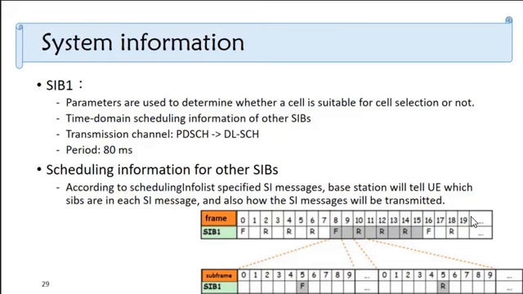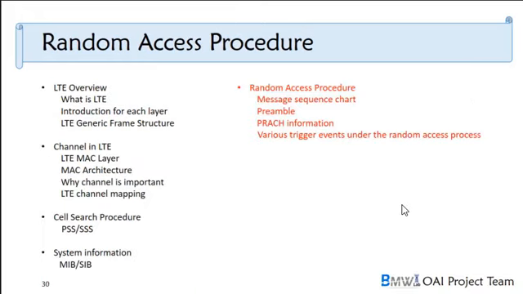F is first transmit and R is repeat. Okay, I will check this part.